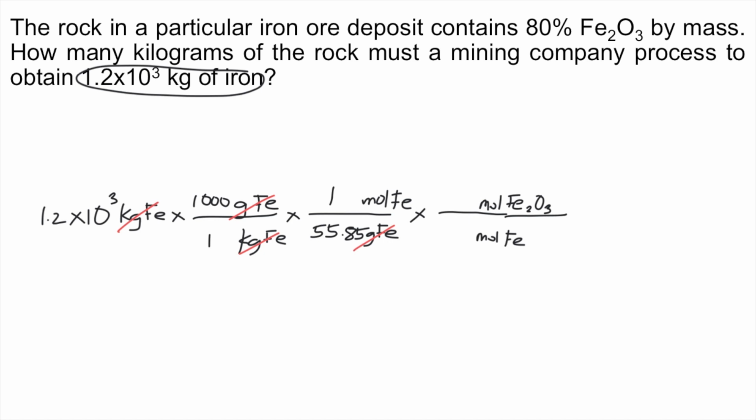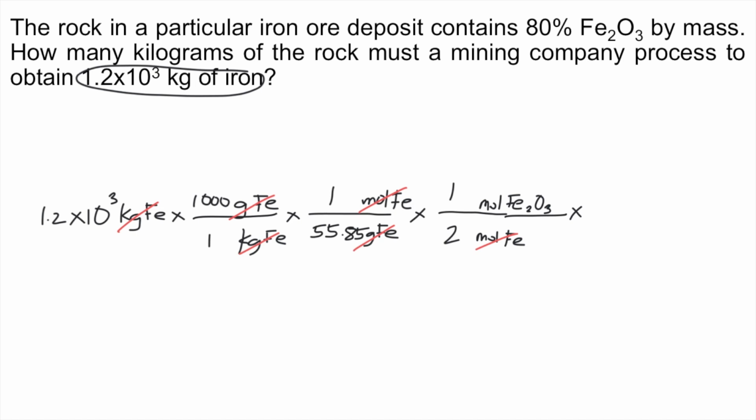You simply look at the chemical formula. Fe2O3 has 2 irons. So that means 1 mole of Fe2O3 has 2 moles of Fe. So moles of Fe will cancel out. Now you have moles of Fe2O3.